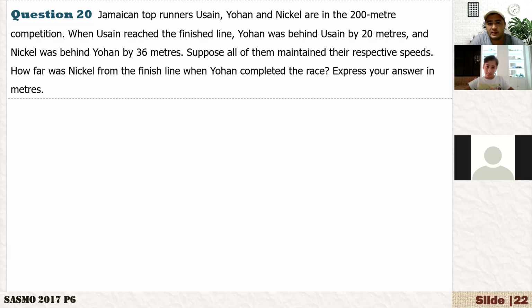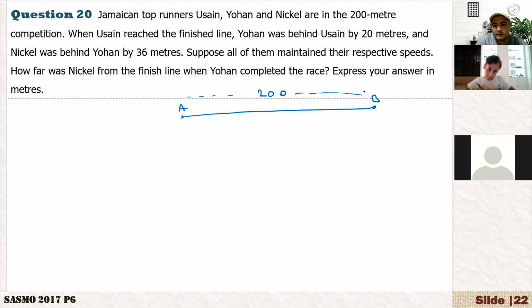So it says that Usain, Johan, and Nikhil are in the 200-meter competition. Maybe I should draw this here. That's 200. So from A to B, the distance is 200. When Usain reached the finish line, here we have Usain.